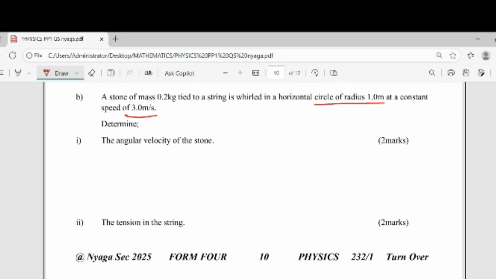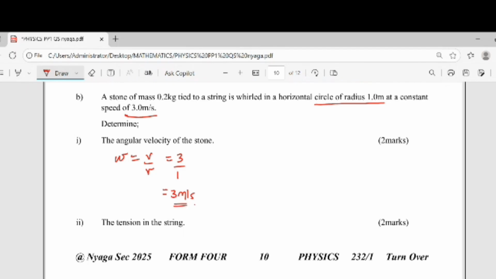Then you are asked, what will be the angular velocity of the stone? Angular velocity can be given by the velocity over the radius, which is equivalent to 3 divided by 1, and you get 3 meters per second.